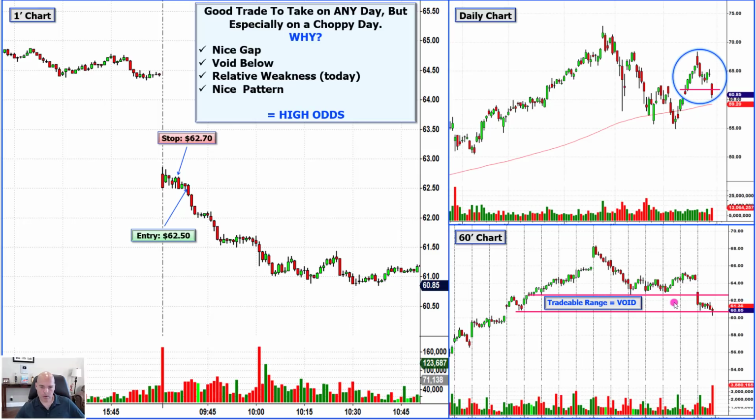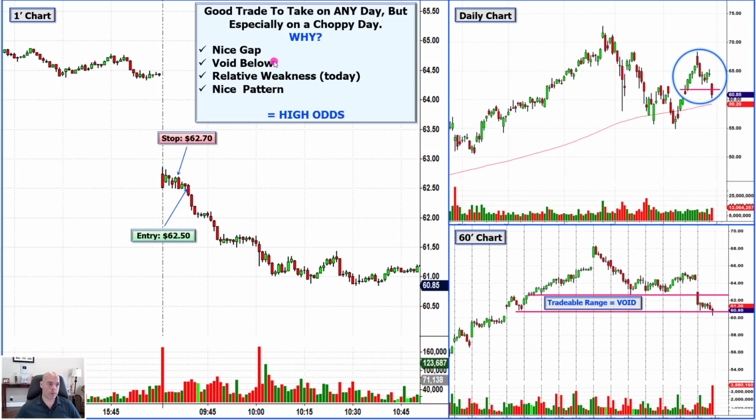So this is our tradable void. Now, it doesn't look like much, but it's $2, right? So I look at this gap and I go, you know what? On an inside day in the market, I want to find something that's truly weak or truly strong, like really on its own page, relative strength or relative weakness. Okay, so this qualifies.